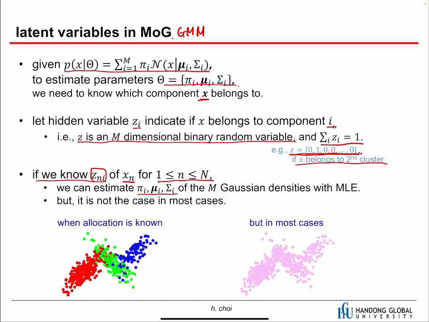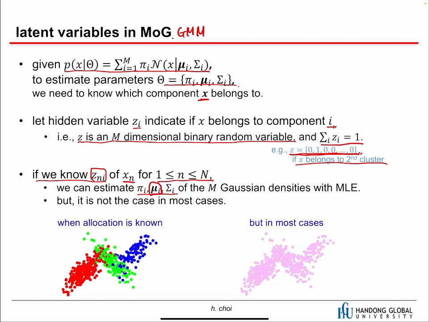In the k-means algorithm, once we assign all the samples to one of the clusters, we just estimated mu, right? So in the k-means algorithm, we estimated mu sub i.